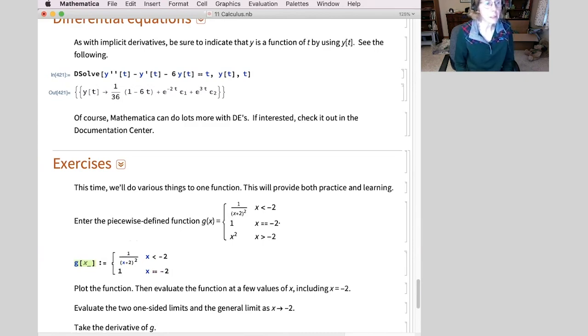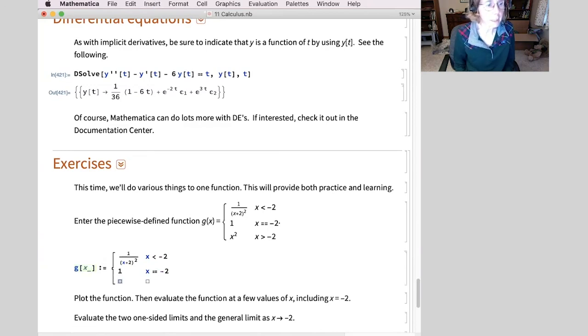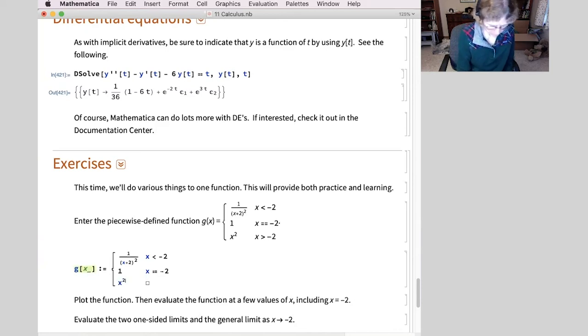And then I need to add another row in there, so control enter again, and in this case x squared. My functions are not exciting, but they let you see what's going on here, and for x greater than negative 2. Okay, so I want to enter that first of all.